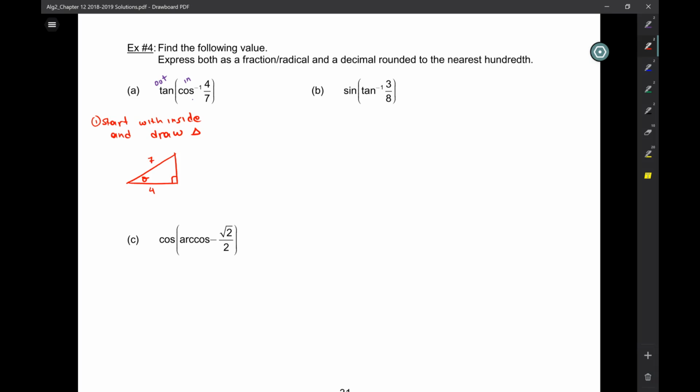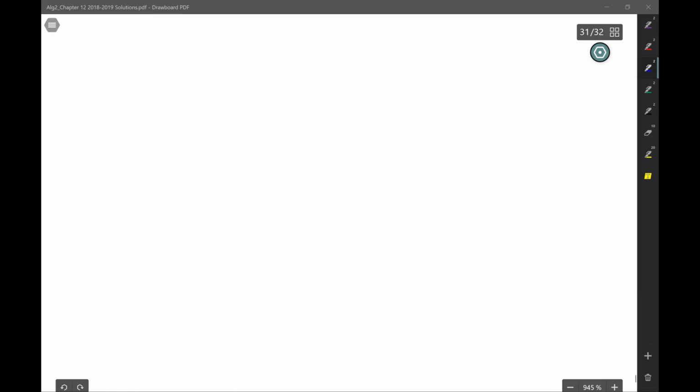Is that right? Now, the next step is going to be find the missing side. How are we going to find the missing side? Pythagorean theorem. So 4 squared plus x squared is equal to 7 squared. All right, so go ahead and find x for me. X is root 33.